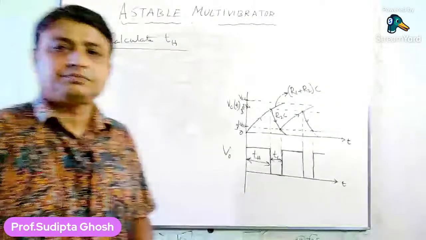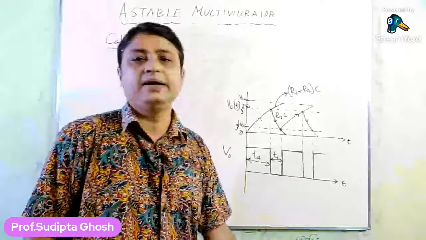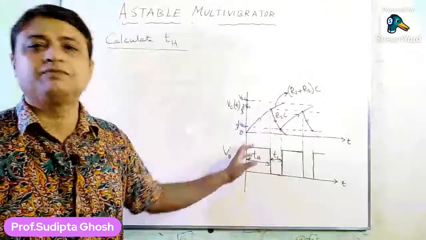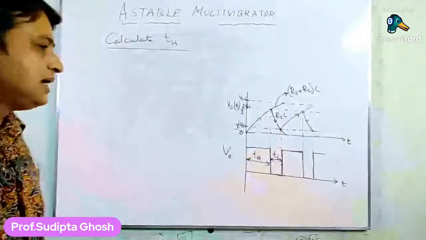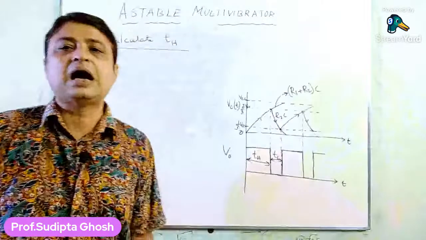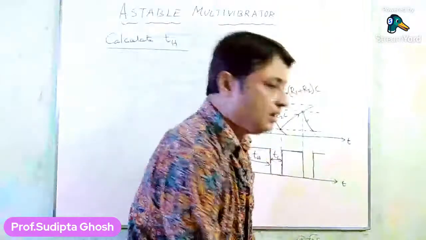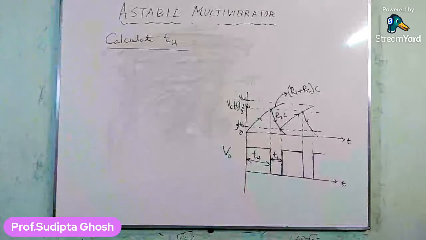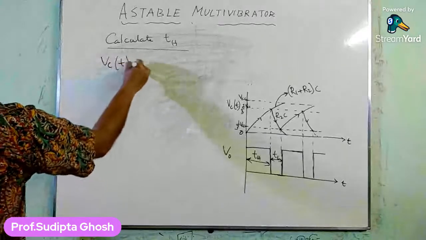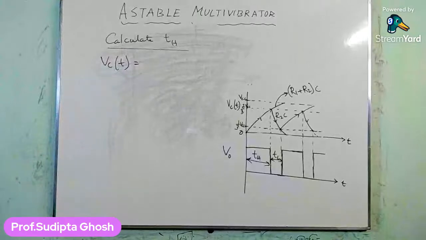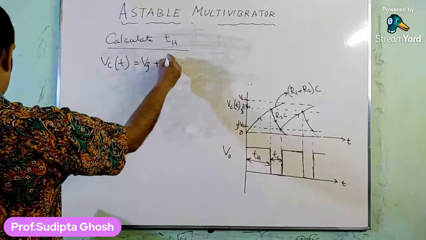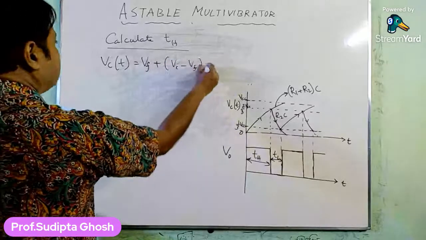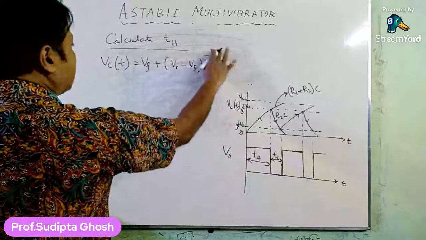Now as we all know, this high time period is dependent on the charging time of the capacitor, and the charging time constant is nothing but R1 plus R2 times C. Again, taking the expression of the capacitor voltage for any time, that is VC(t), equals the final voltage plus the initial voltage minus the final voltage, times e to the power minus t by RC.